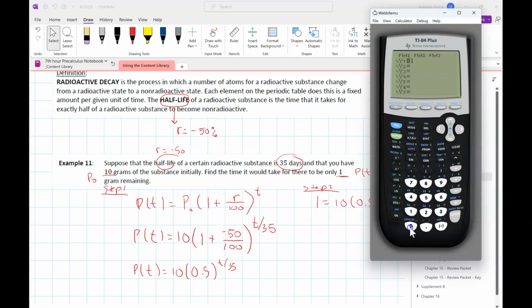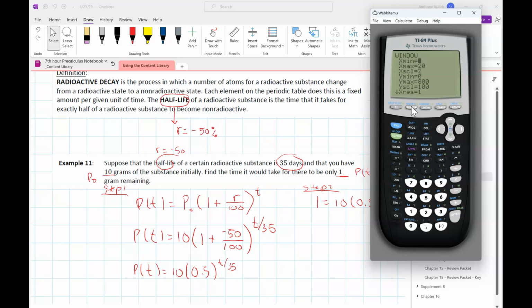So I'm going to have the right-hand side in y1, and then the left-hand side in y2. I'm going to go ahead and set myself a window. Remember, the x-coordinate is our time.